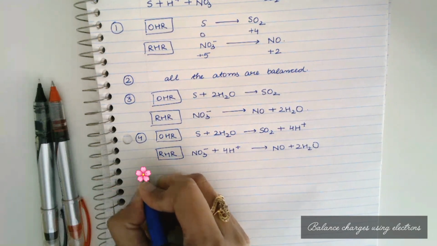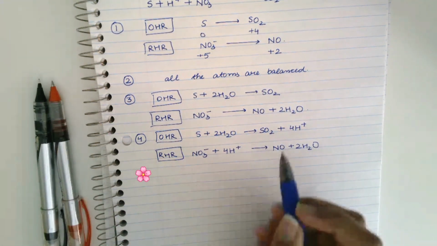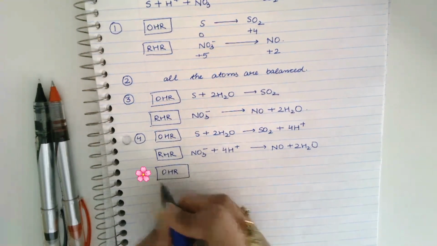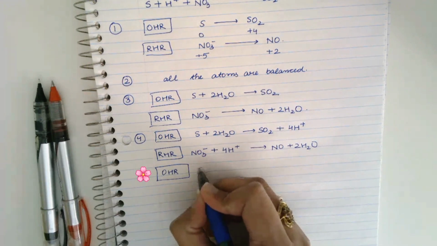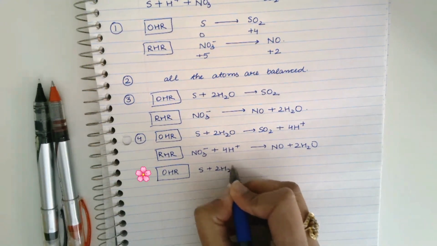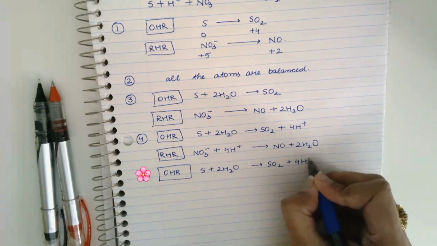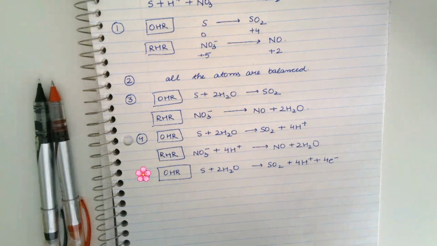Now we are going to balance the charges by adding electrons. For the oxidation half reaction, we have four positive charges on the right side. That means we are going to add four electrons on the right side only so that we can get a net charge of 0.